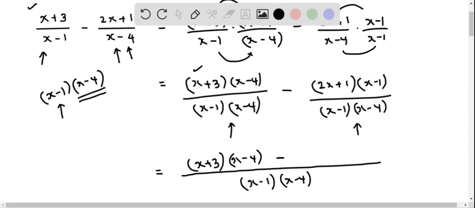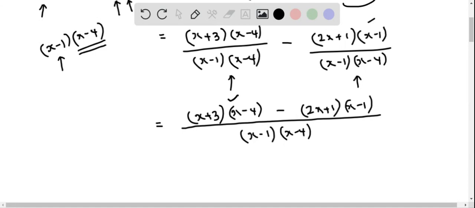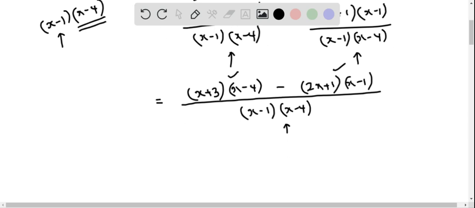We then put minus. Now let's put the second expression, that is (2x plus 1)(x minus 1). Now we have to do the multiplication of these expressions, and also multiply these two expressions in the denominator and simplify this.